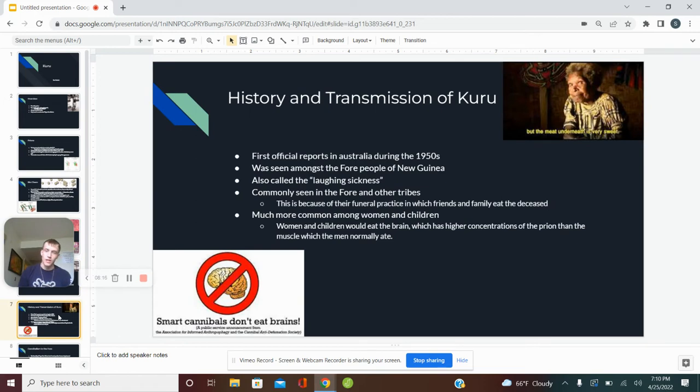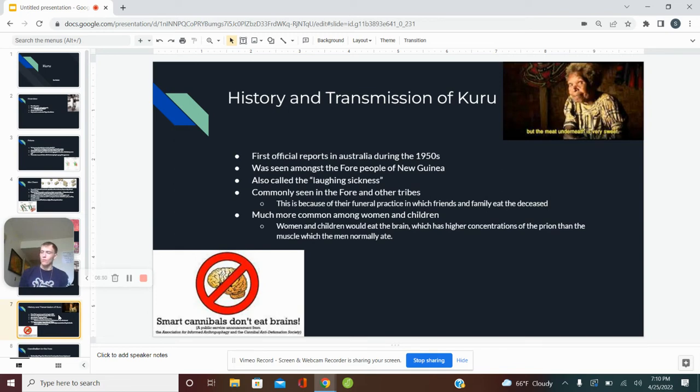Now that I've scared you guys a little bit, I will scare you a little bit more and let you be a little bit relieved, because in order to get it, you have to eat someone. The reason that it was only found in the Fore tribe of Papua New Guinea is because they had a very specific funeral rite in which the friends and family of deceased members of the tribe would cut up, cook, and eat their bodies.